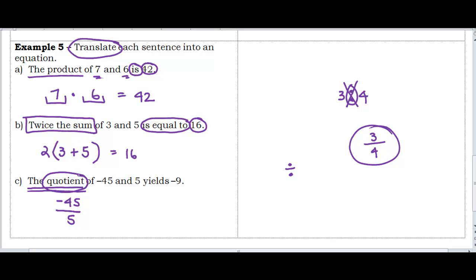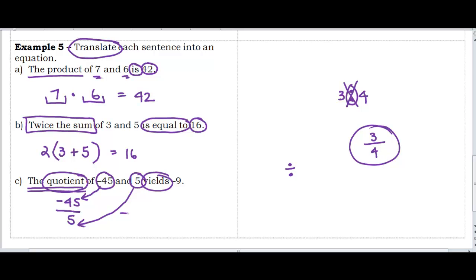Quotient and difference. What operation is difference? Subtraction. Quotient and difference, order is hugely important. So if this comes first and this comes second, the first number has to go on top and the second has to go on the bottom.